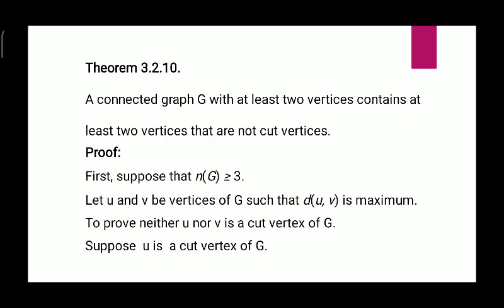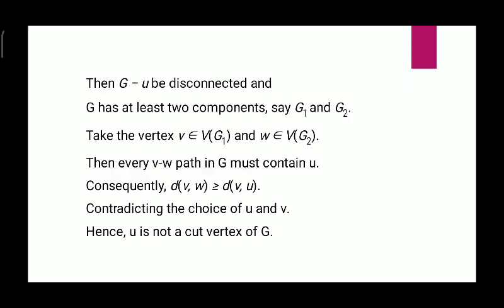For that, I assume that U is a cut vertex of G. Then, if U is a cut vertex, definitely G minus U will be disconnected. Therefore, G has two components, G1 and G2. Take vertex V belonging to V of G1 and W belonging to V of G2.